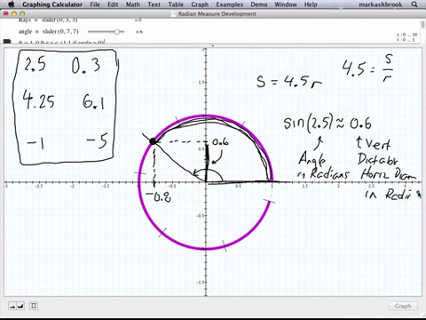You see that? The units going into sine are radius lengths on the arc, and then the number coming out is radius lengths in terms of how high you are above the horizontal diameter. Okay? So what is negative 0.8? That's cosine. Cosine of 2.5 is approximately equal to negative 0.8.